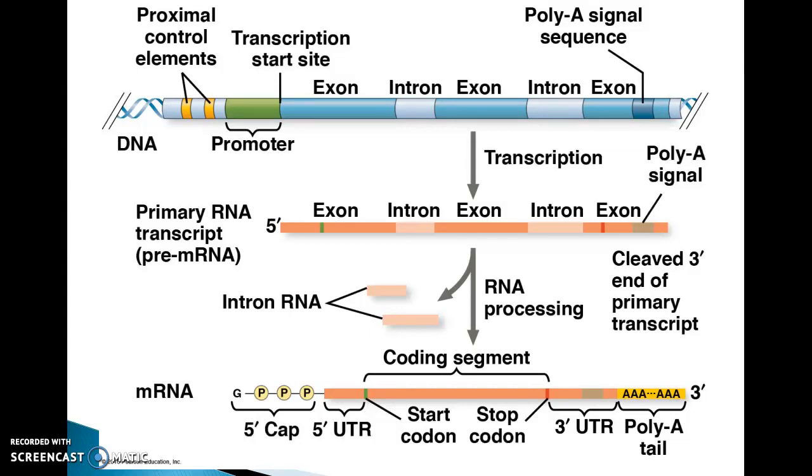What that is, is the untranslated region of mRNA. And you also see that at the 3' end as well. So again, please study this. This can be really helpful in summarizing transcription, with a little bit of new information up at the top with the control elements, transcription factors, etc.